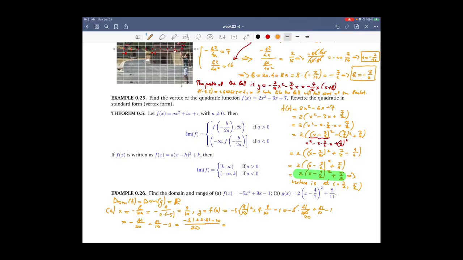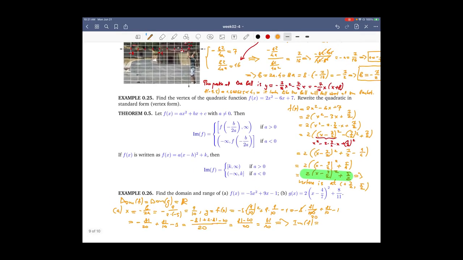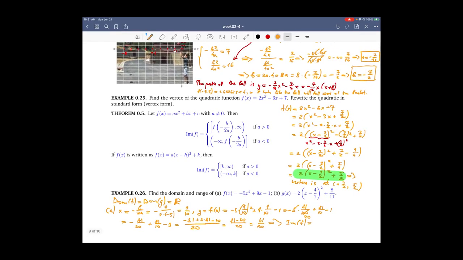That is 81 minus 20 over 20, which is 61 over 20. So the image of f simply is the interval from negative infinity up to 61 over 20, including 61 over 20.